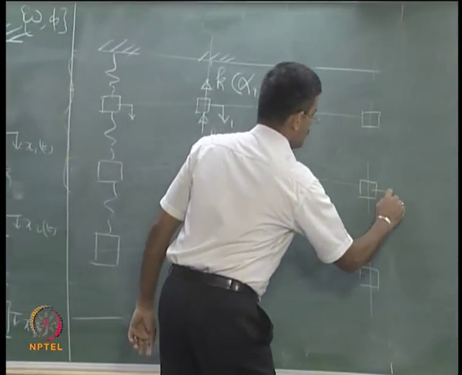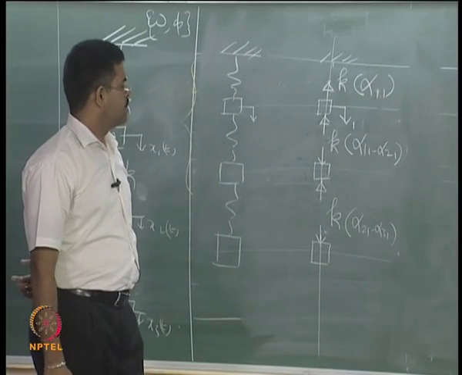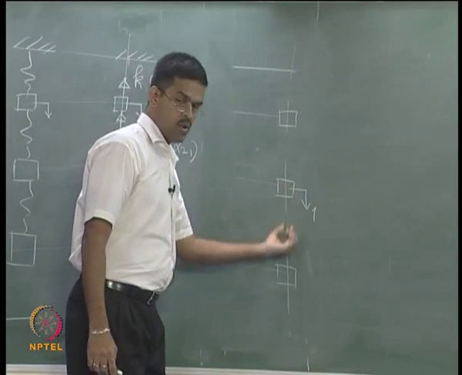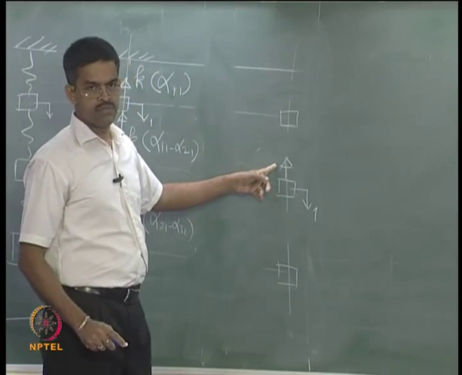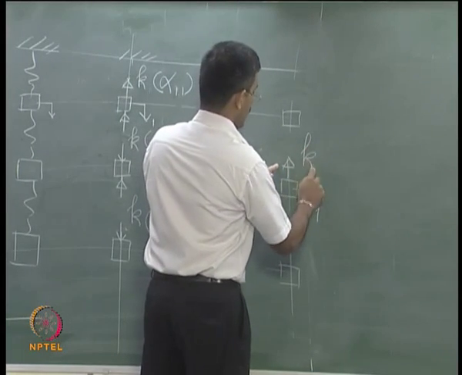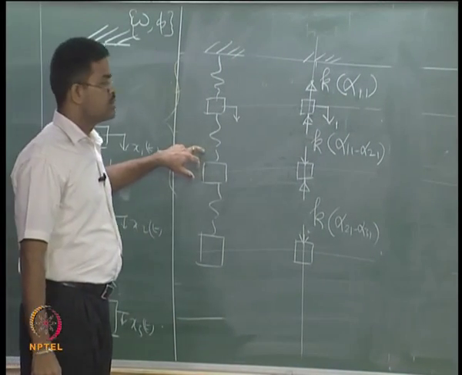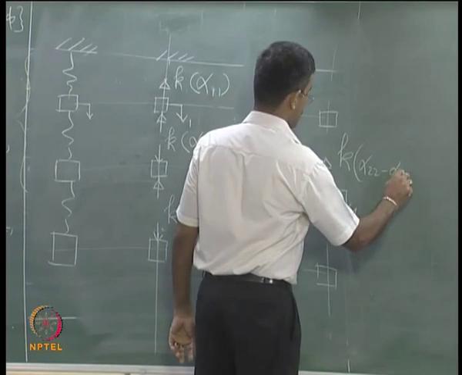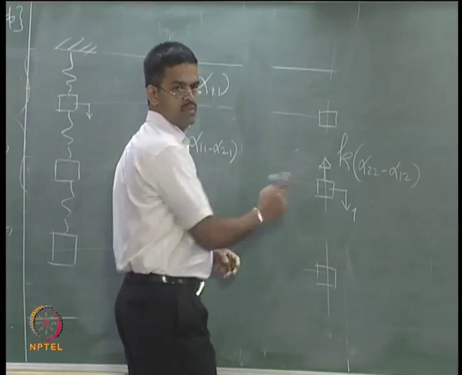I give the value of unity here, that is my second displacement degree. When I try to pull this mass down, this spring will try to push it up. So that value is going to be k times alpha 2 2 minus alpha 1 2, because this spring is connecting these two coordinates.